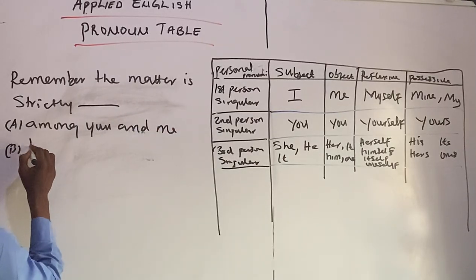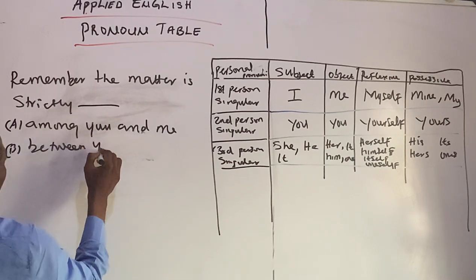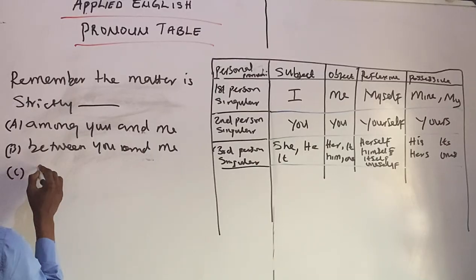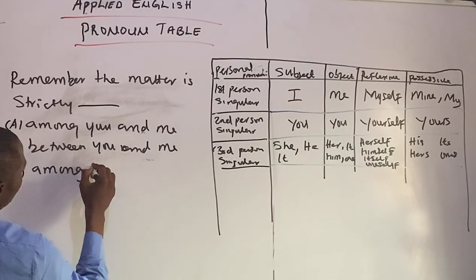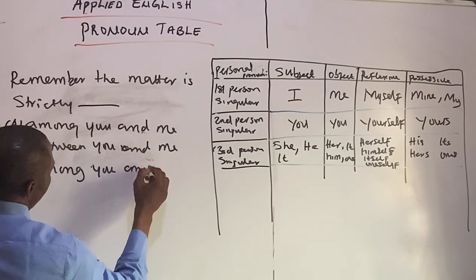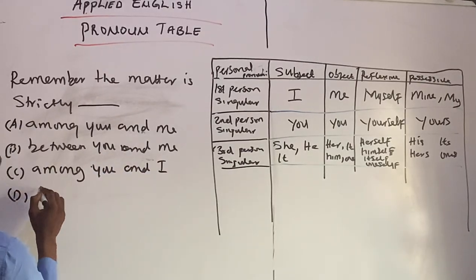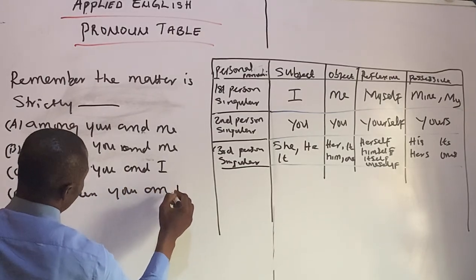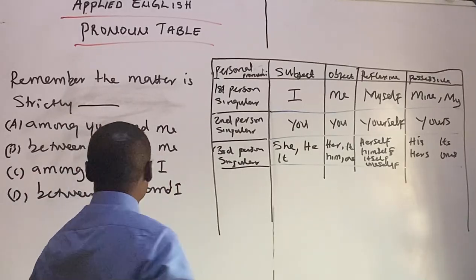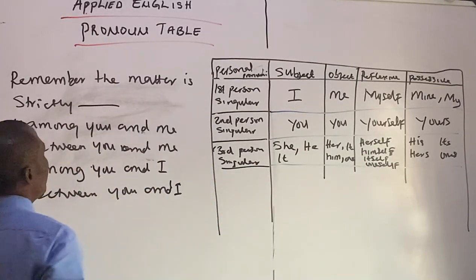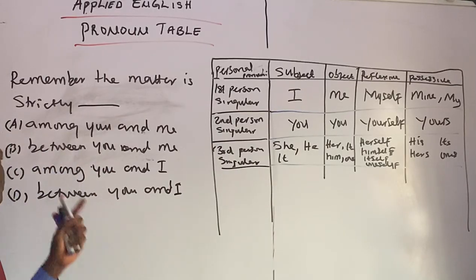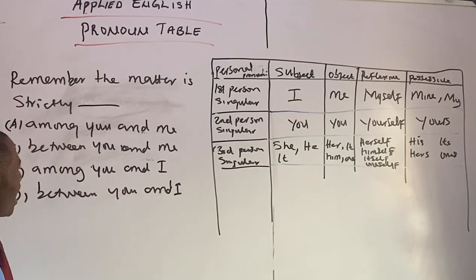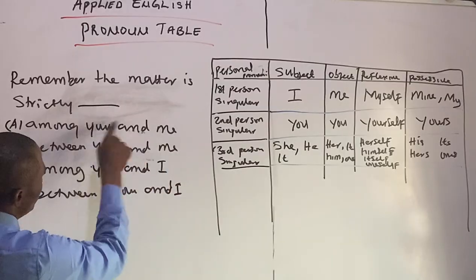B, between you and me. C, among you and I. D, between you and I. Now, what's the answer?